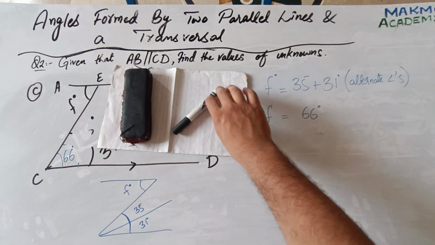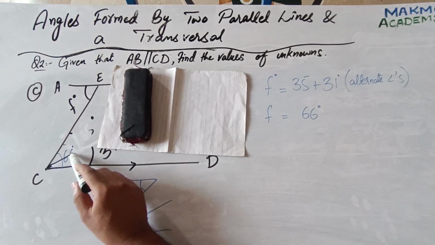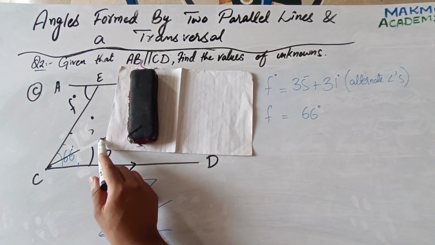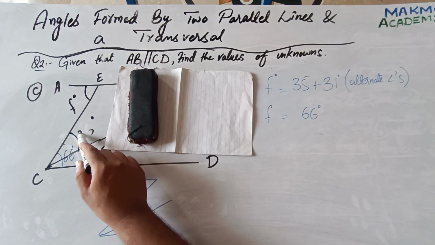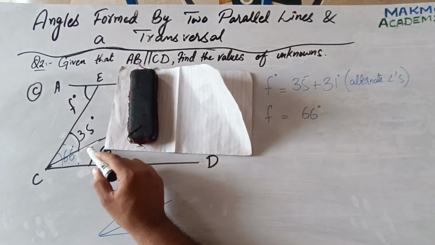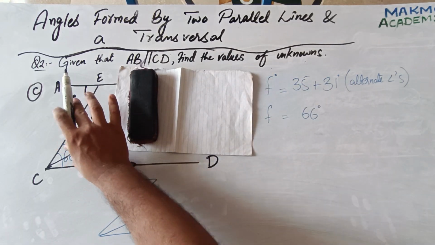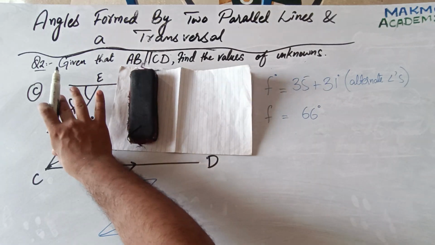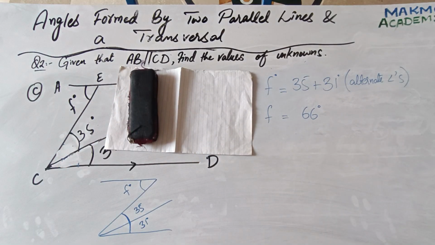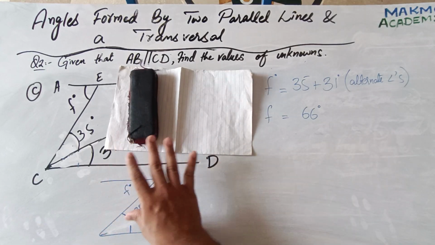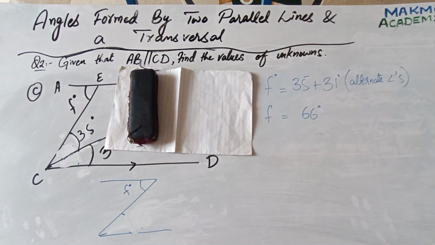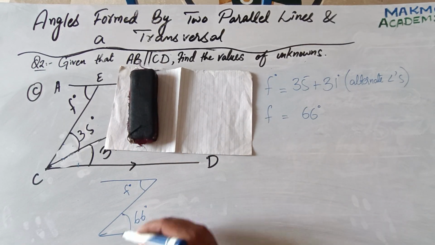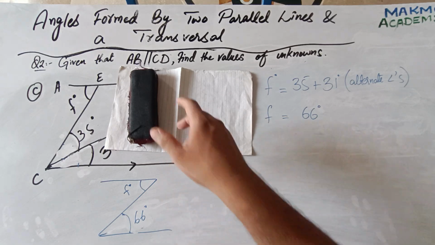In order to confuse you, they have just divided the angle into two halves and named them 35 and 31 degrees. So this complete angle is equal to letter F, which is equal to the combination of these two angles, 66. So this is the solution of the first part.